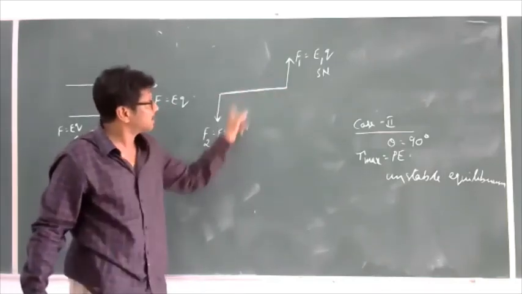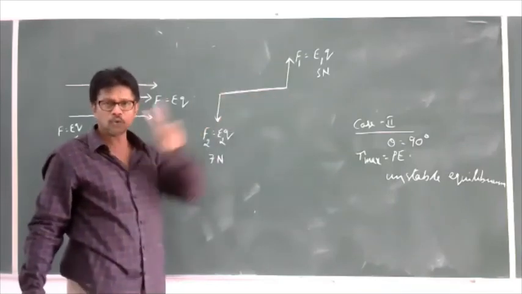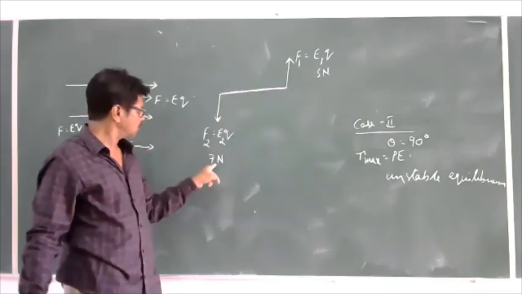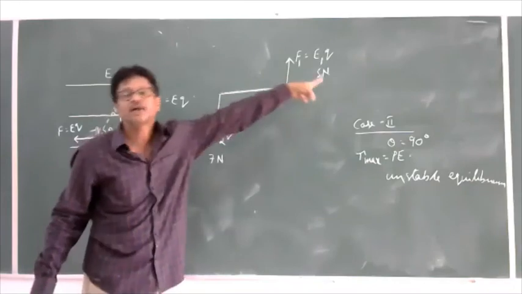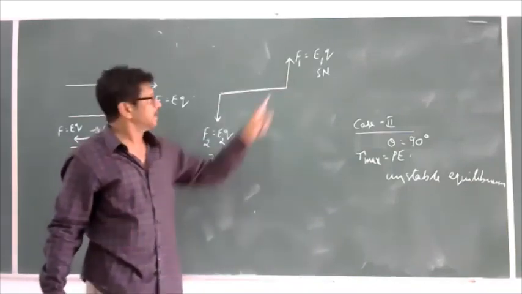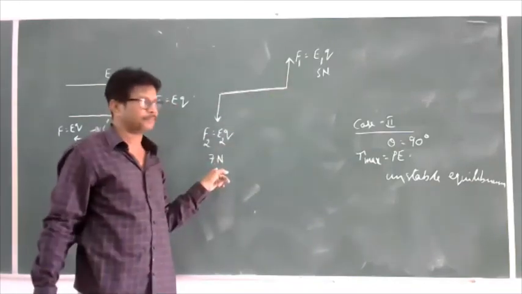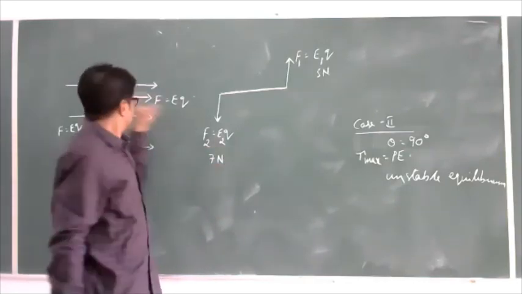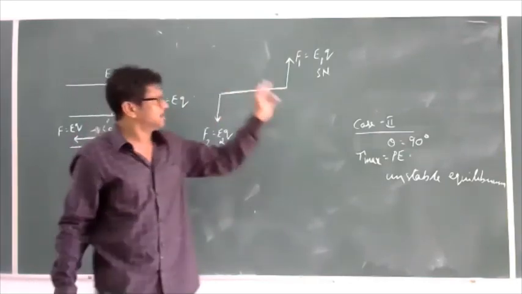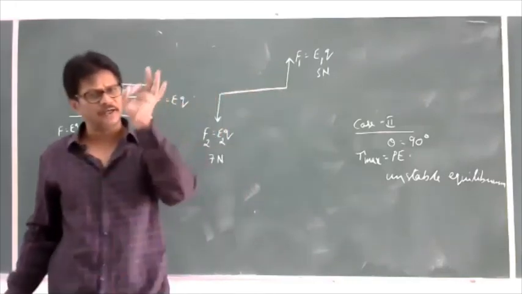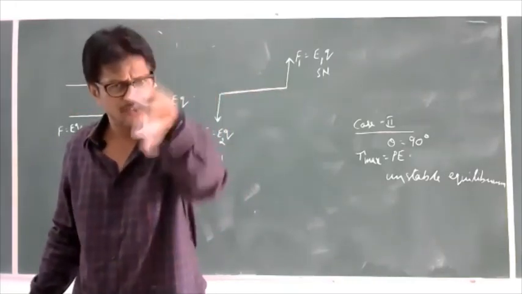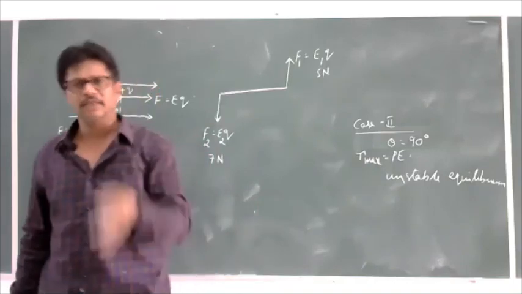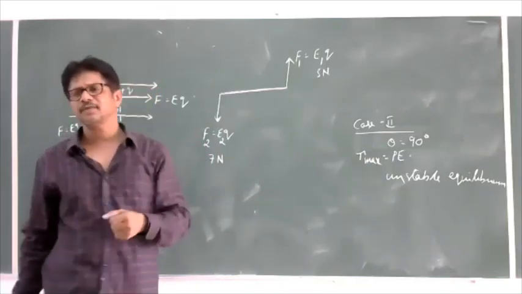Then what will be the net force? 2 newton, because both are in opposite directions but not equal in magnitude. If both were 5, then it would be 0. So whenever an electric dipole is placed in a non-uniform electric field, it will experience a net force.